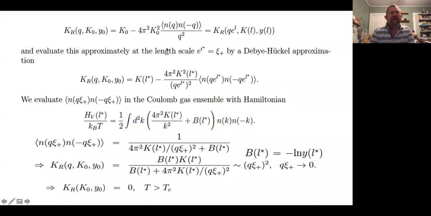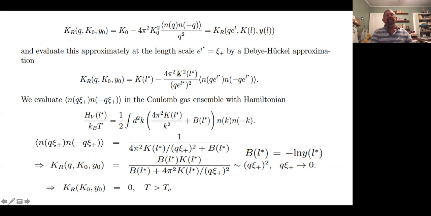So we can calculate this renormalized stiffness constant as a function of the Fourier variable Q as K of L star minus 4 pi squared K squared of L star divided by Q e to the L star squared times the vorticity correlation function at this value of Q e to the L star.